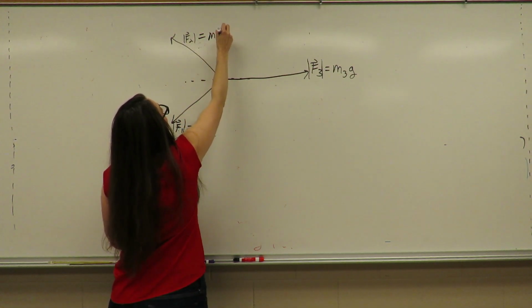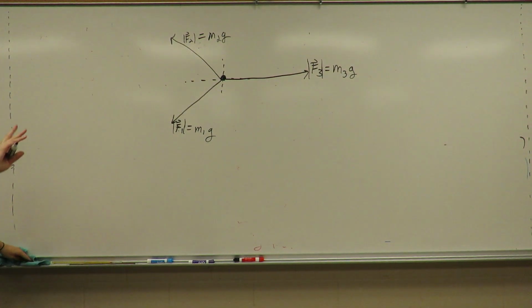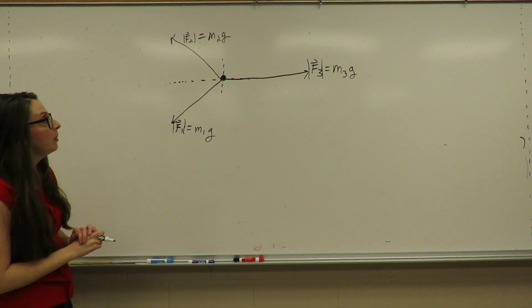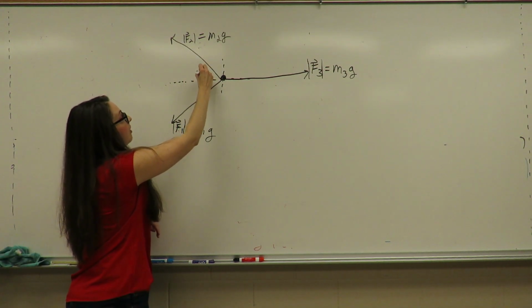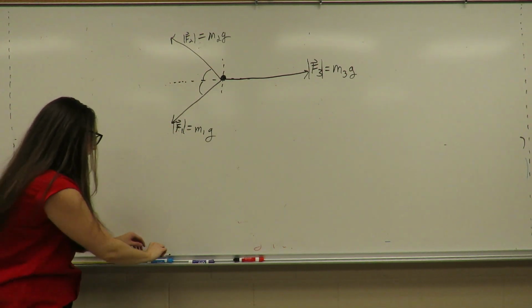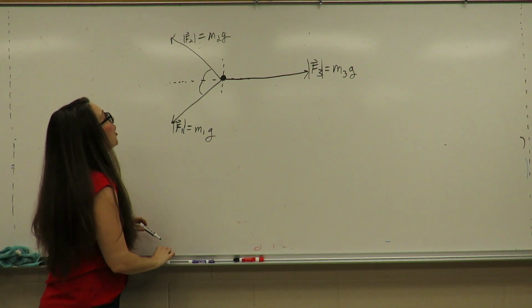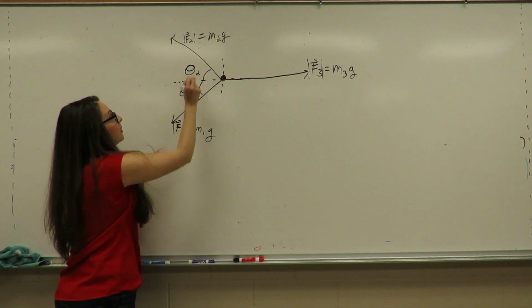F2 has a magnitude of M2G. And what you should have found, if you did that rotation, now you have a new diagram, is that this angle right here and this angle right here are both the same angle. Okay? But I'm still going to call them right now theta 1 and theta 2.